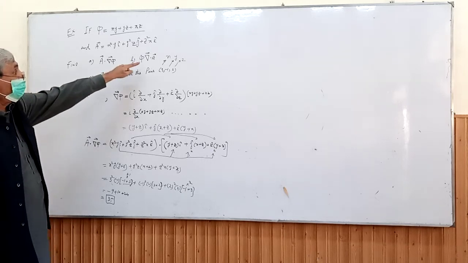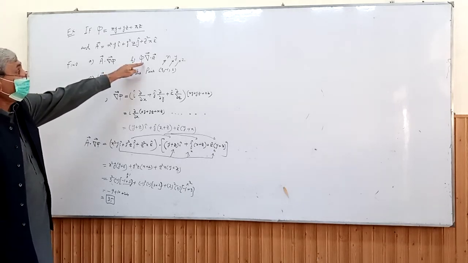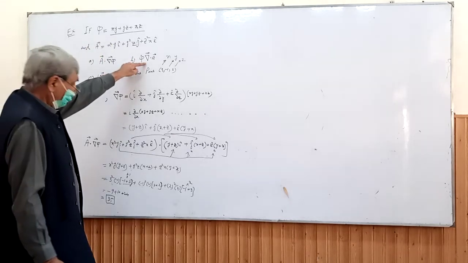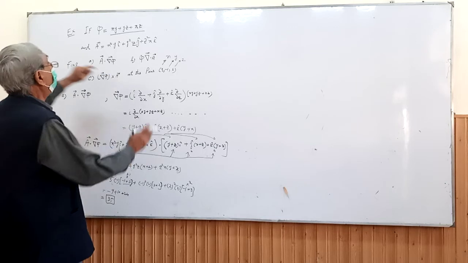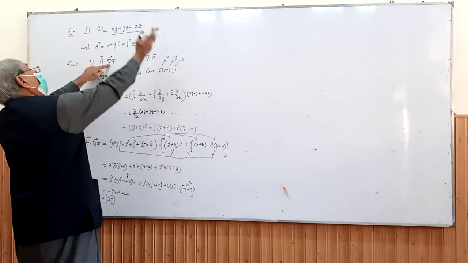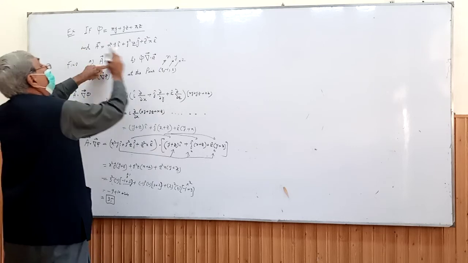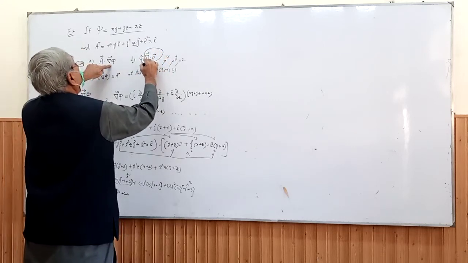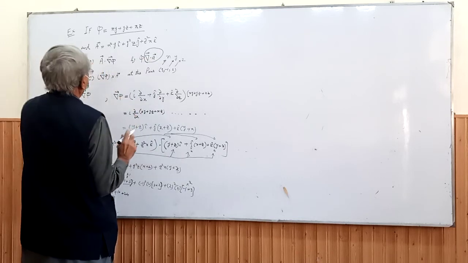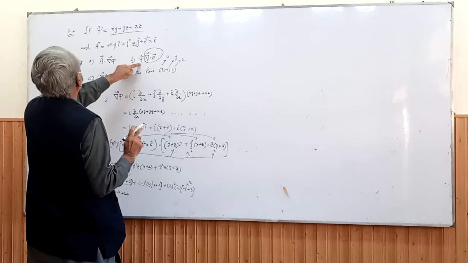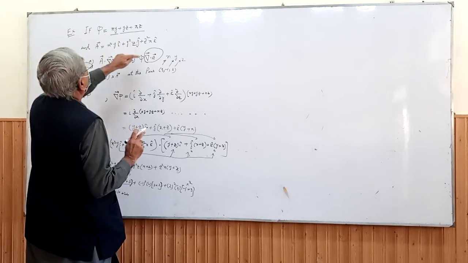Now here in this case, you just try yourself how to do that, because it is simple. It is just like this. The only thing is that del was operating on phi, and now phi is outside the operator. So first you will find del dot A, which will be a scalar quantity, and you will be multiplying another scalar quantity, this with that one.